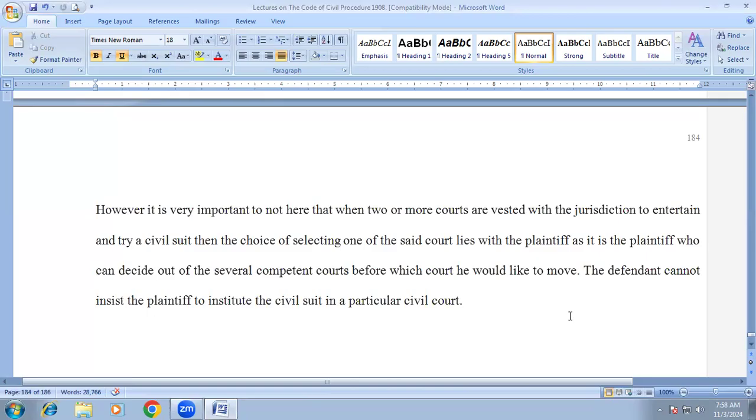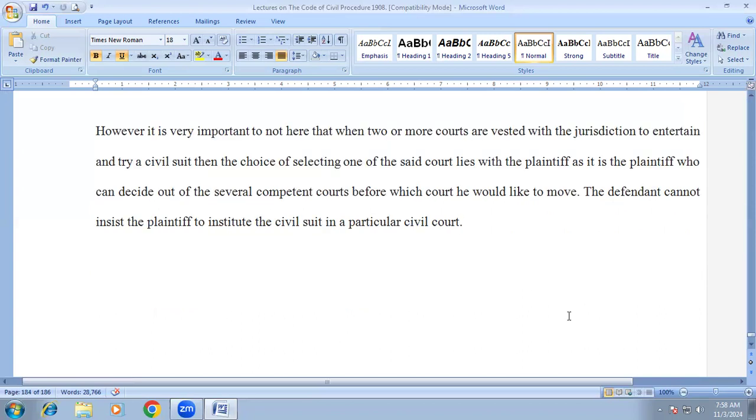The defendant cannot insist to the plaintiff that the civil suit is to be filed in a particular civil court. If by resorting to section number 16 to 19 of CPC or section 20 of CPC, the plaintiff files a civil suit in a particular court, then it is okay, and the defendant cannot compel him to file a civil suit in a particular court. So this is something about section number 20 of CPC.